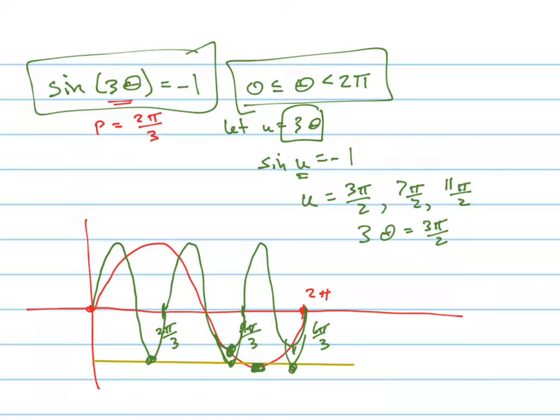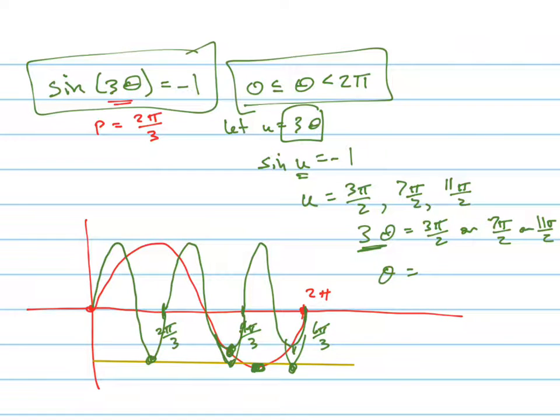I'm not done yet. I'm saying that 3 theta equals any of these things. So what does theta have to equal? Theta has to equal 1 over 3 of those, so divide all those things by 3. In other words, multiply the bottom by 3.